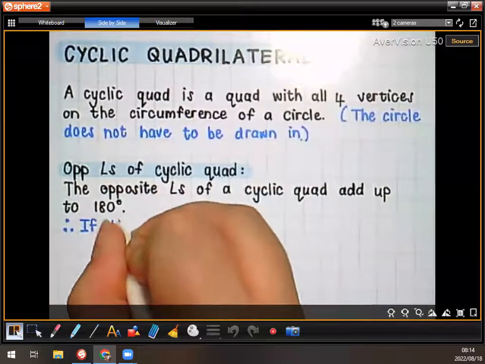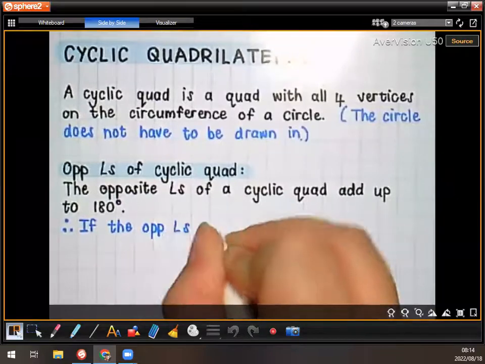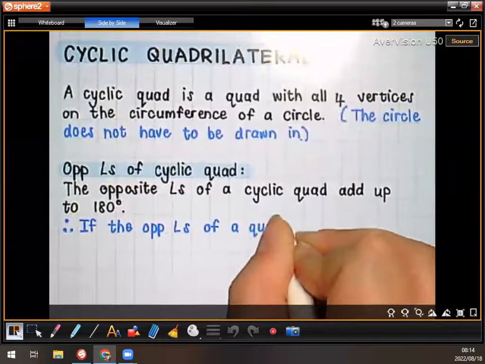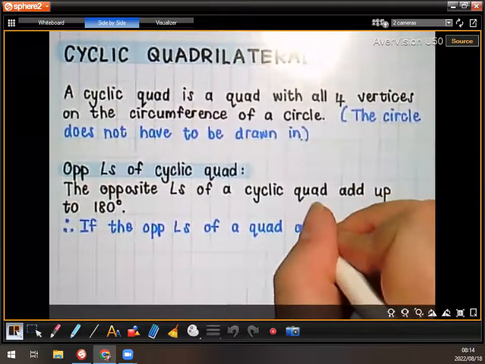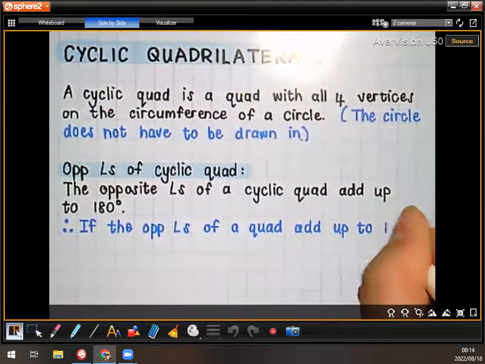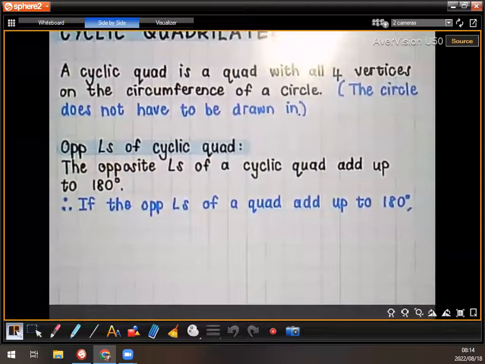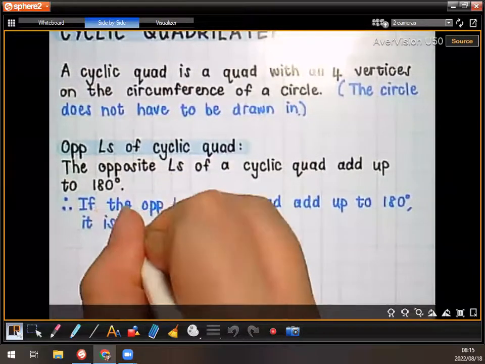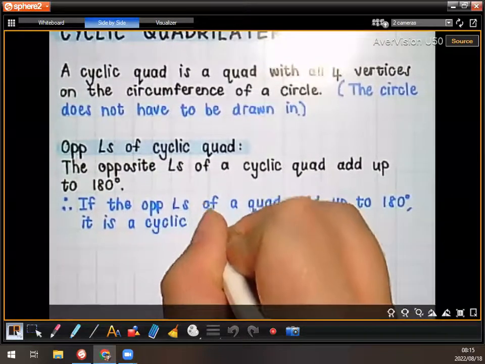if the opposite angles of a quad add up to 180 degrees, it is a cyclic quad.